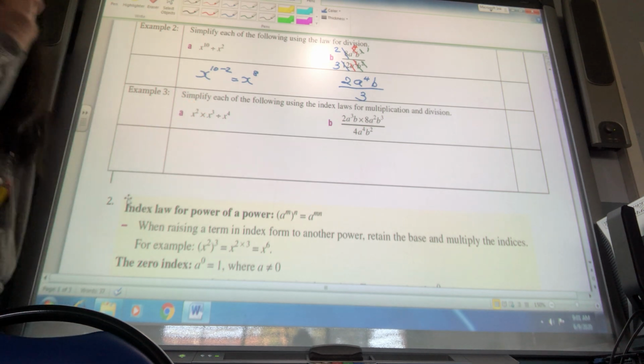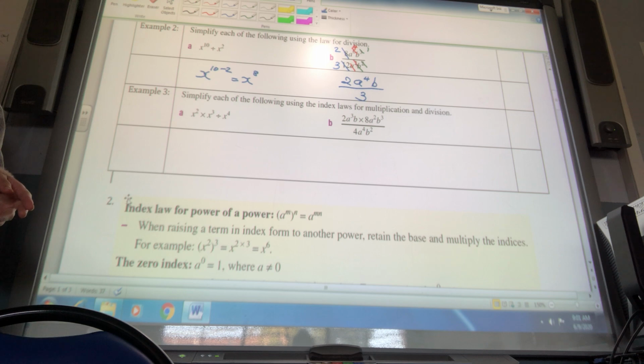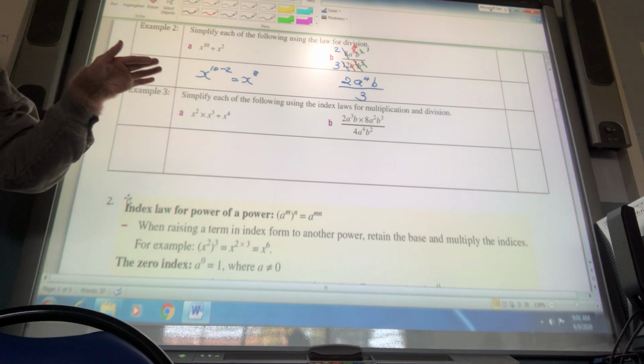You can do the division first, but the only time you actually have to do division first is when there are fractions. If something is divided by a fraction, you need to take care of that division sign first. But other times you can just do everything together, especially when there are no fractions.